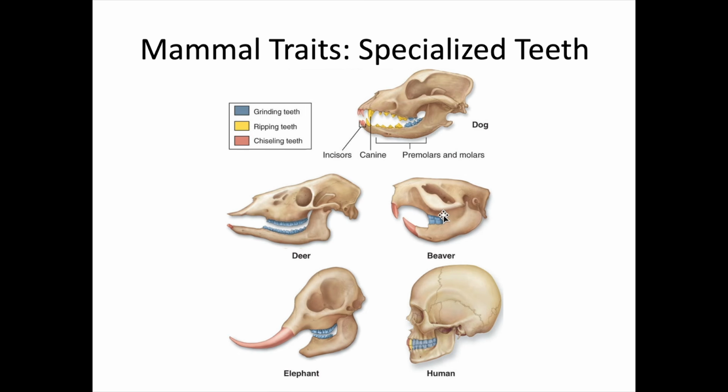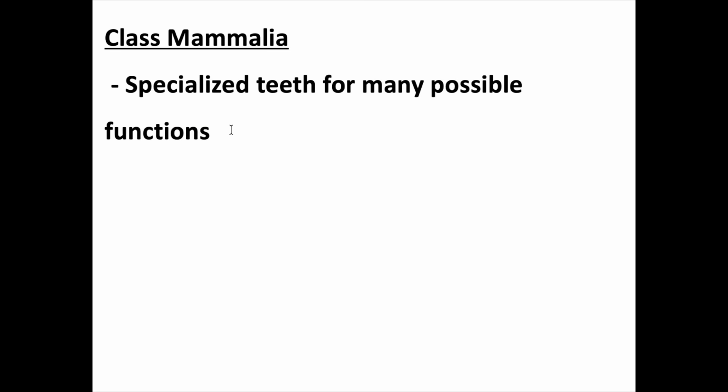Some, like the giant incisors of rodents, are great at doing lots of utilitarian things, gnawing through lots of stuff. Elephants are an extreme example of this, with tusks doing lots of cool stuff for them. That is also a modified tooth. But yeah, we see a lot of diversity here for a lot of different diets to fulfill a lot of different functions. So mammals have specialized teeth for many possible functions.